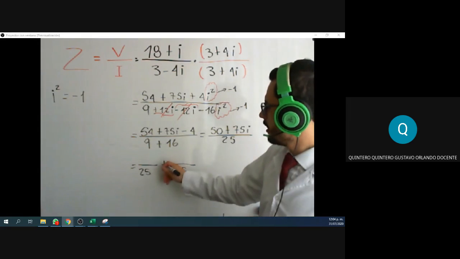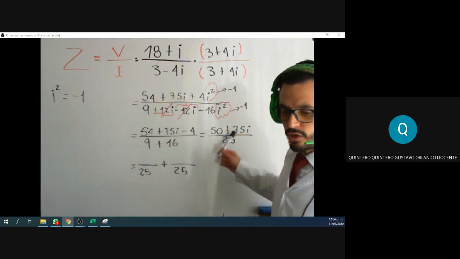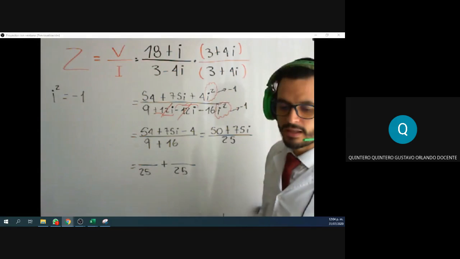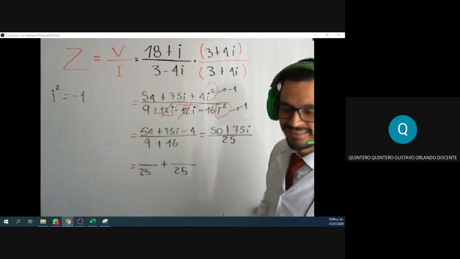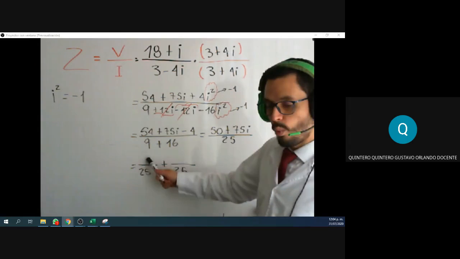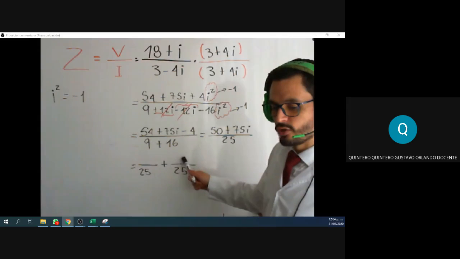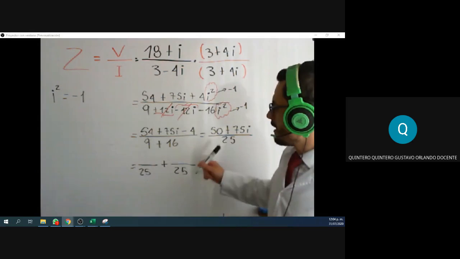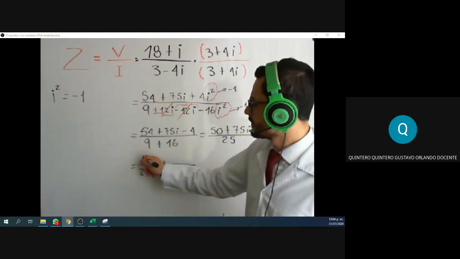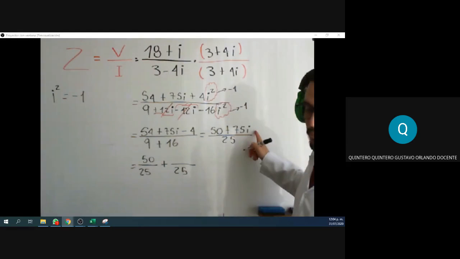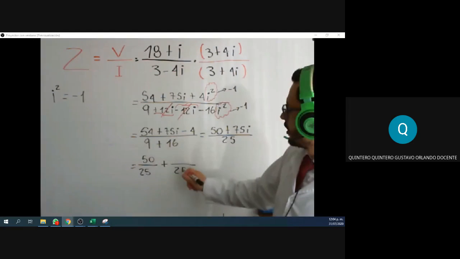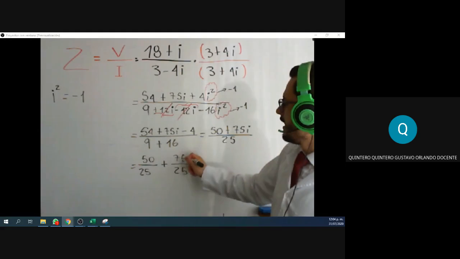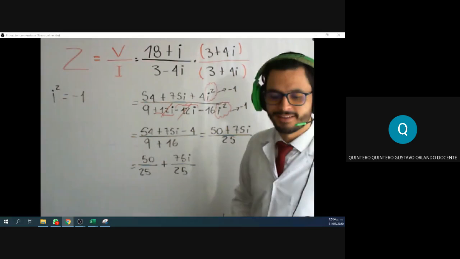The operation in the middle of the fractions is going to be the one we have here, addition. The first number is the one for the first fraction, 50. The second number is the one for the second fraction, so 75i. There we go.